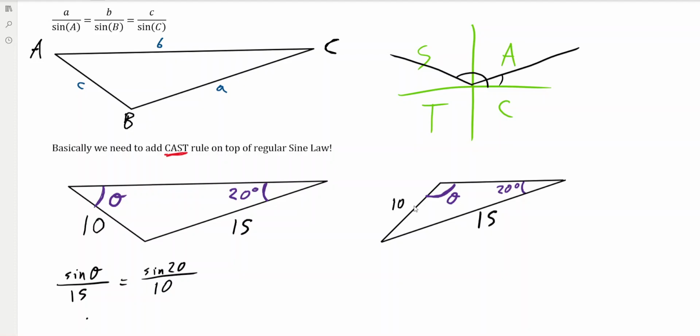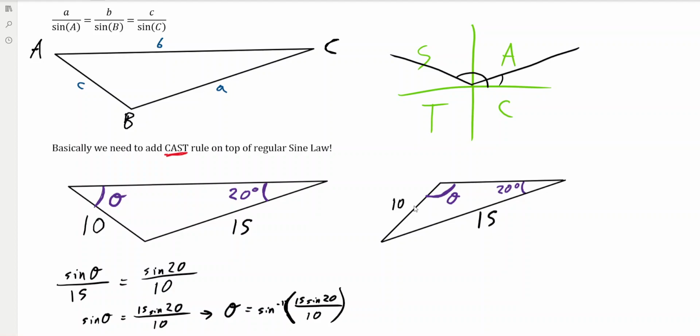We'll move the 15 over, so we'll have sine theta equals 15 sine 20 over 10, which we can then change to theta equals sine -1 of 15 sine 20 over 10.